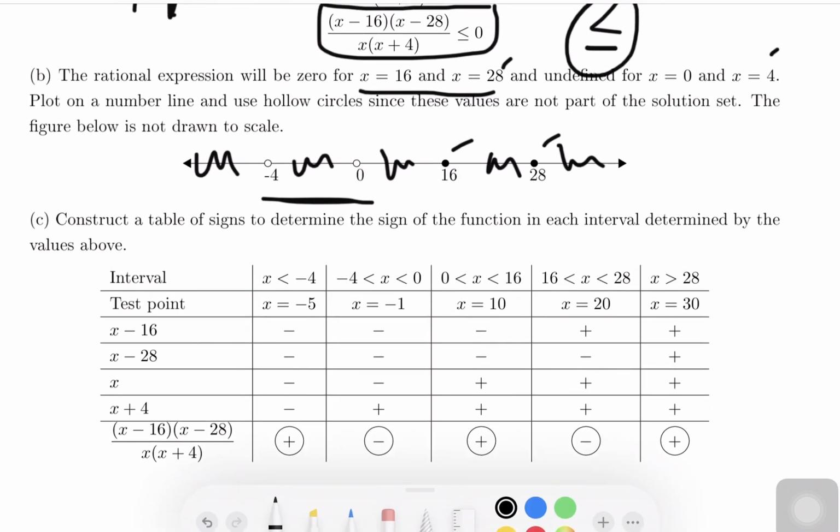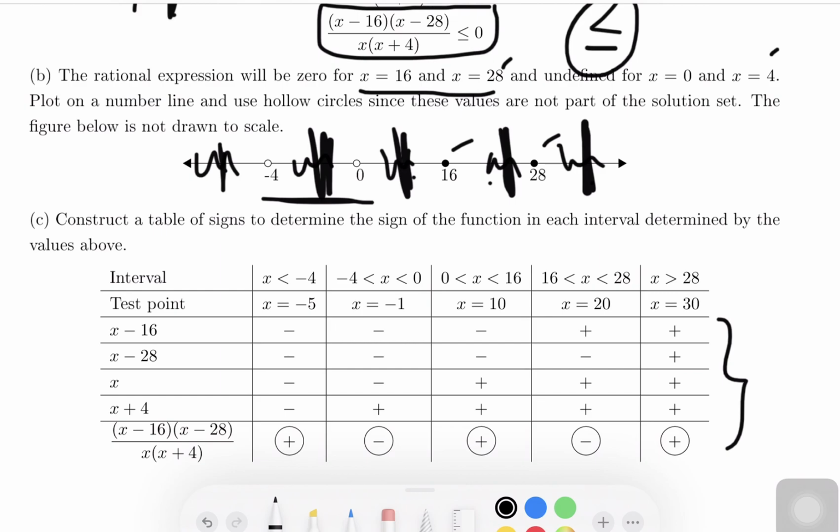So, we have this. This is x less than negative 4. x is between negative 4 and 0. Between 0 and 16. Between 16 and 28, and greater than 28. Choose your test points from each interval. And again, you substitute to find the signs.